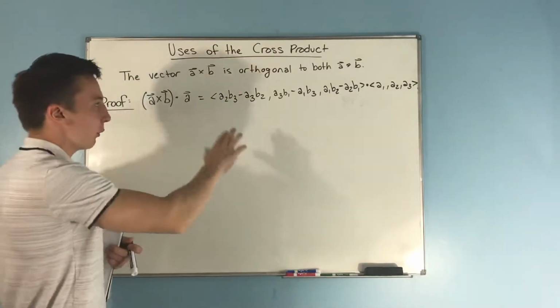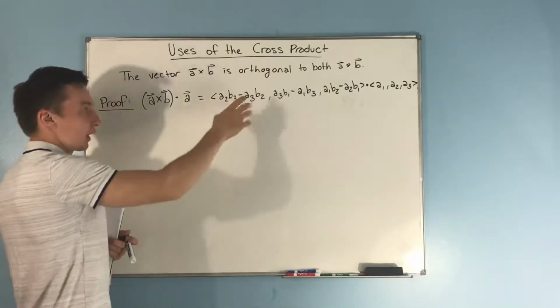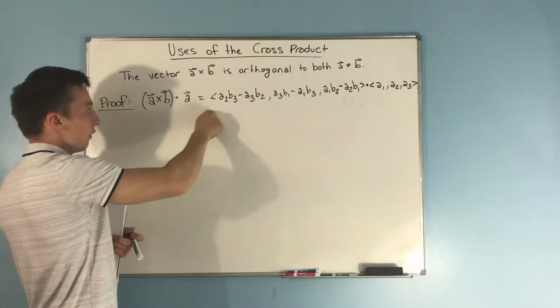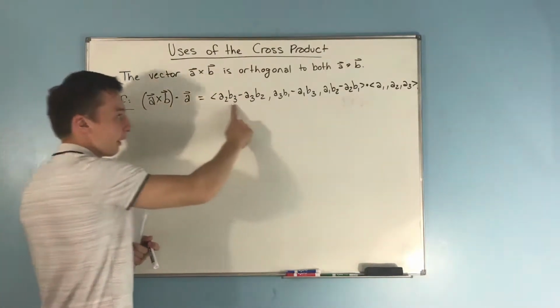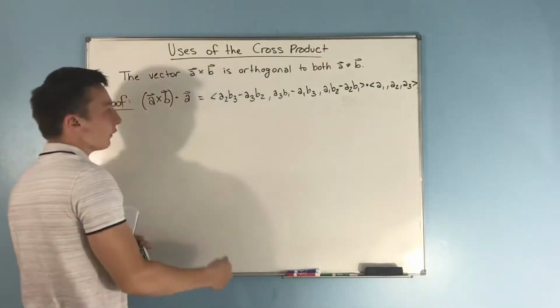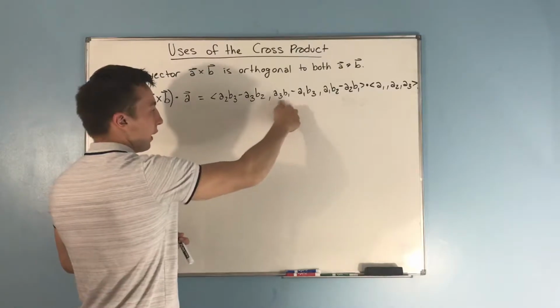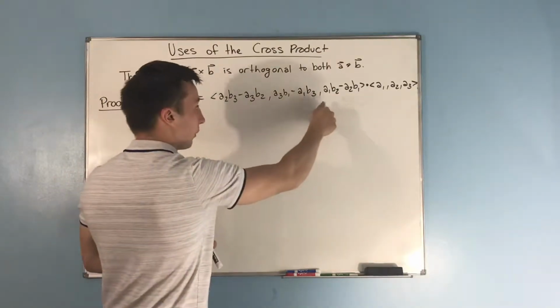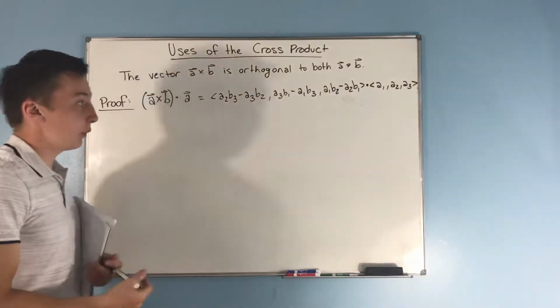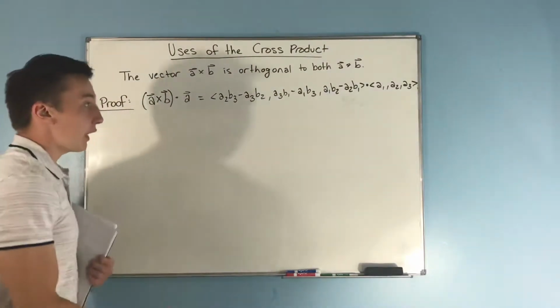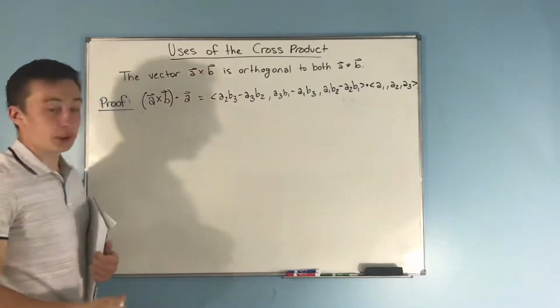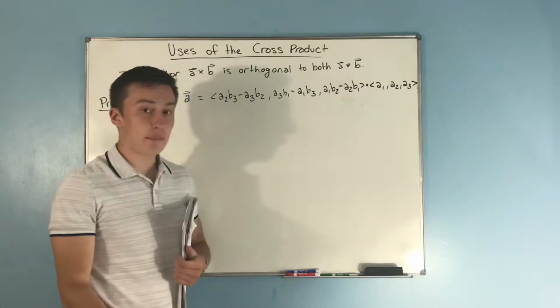Now, A cross B. In the explanation video, we figured out that A cross B equals this vector right here: A2B3 minus A3B2, comma, A3B1 minus A1B3, comma, A1B2 minus A2B1. And now we're going to dot that with vector A, which is just A1, A2, A3.